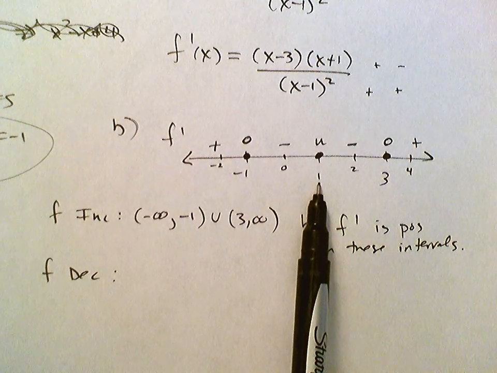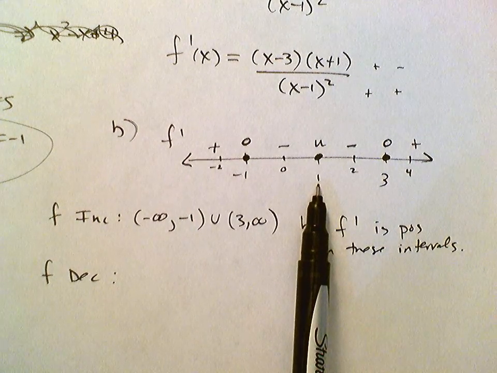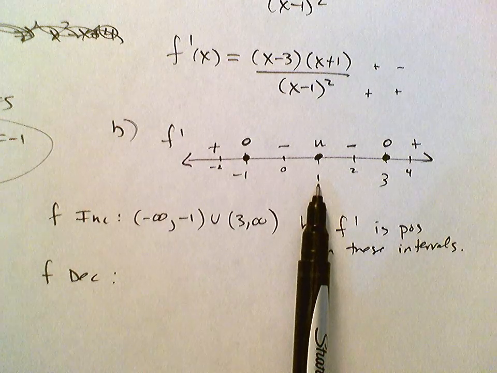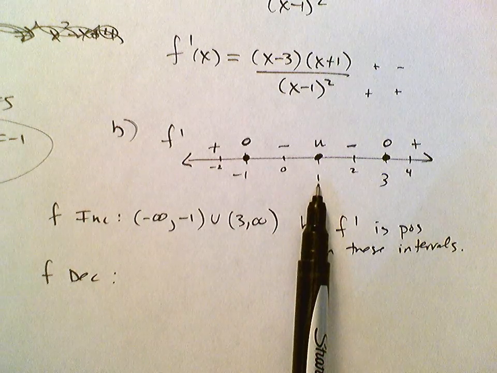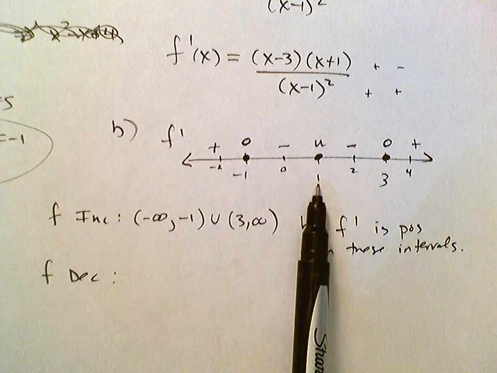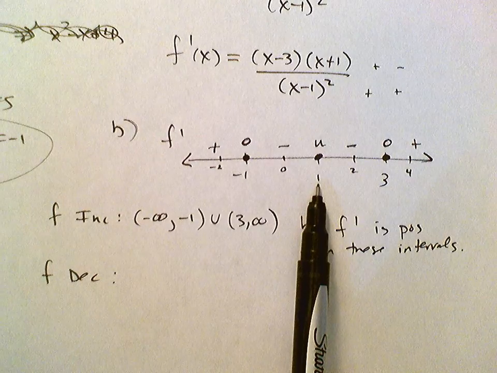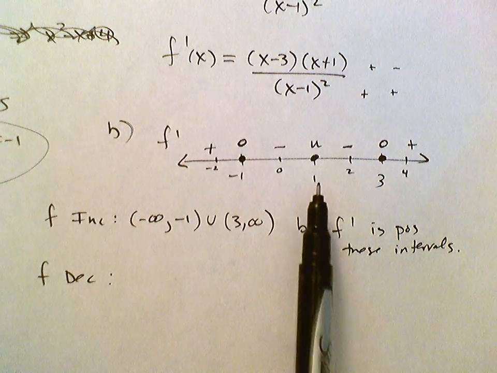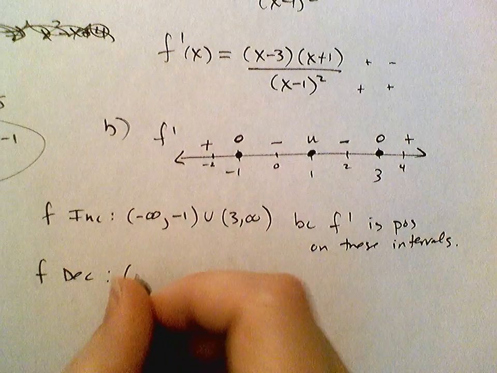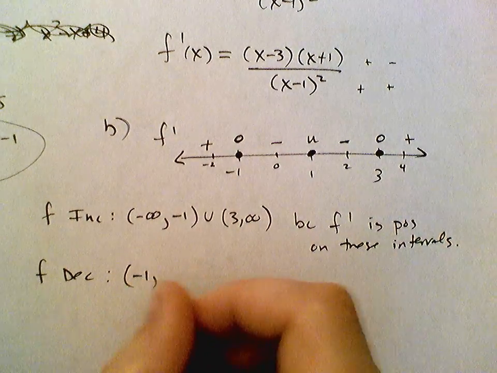Since the derivative's undefined there, we can't say it's not negative, it's just undefined. So we cannot say that the original function's decreasing. I'm pretty sure it's supposed to look like this. From -1 to 1.